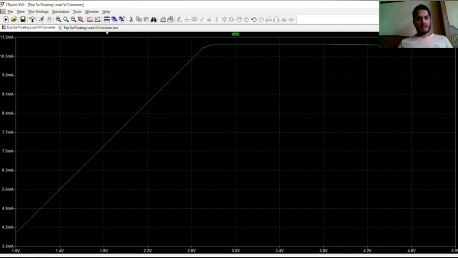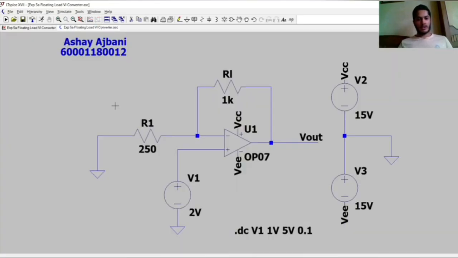So as we saw in the grounded load configuration as well, we cannot implement such a circuit practically, because for the op-amp to function properly and faithfully, we need to give a resistance of value greater than 2 kilo ohms at the input terminals. So this circuit too cannot be implemented practically.